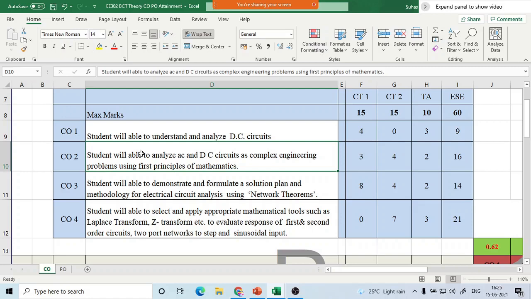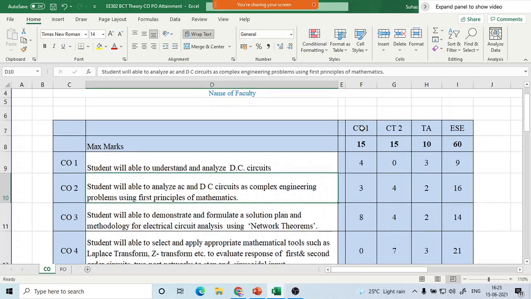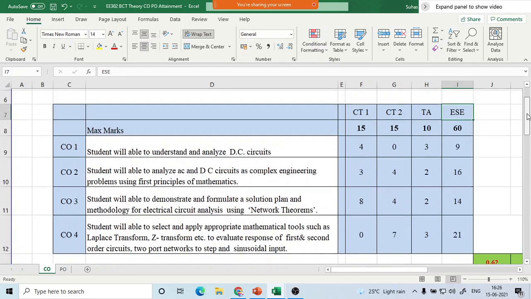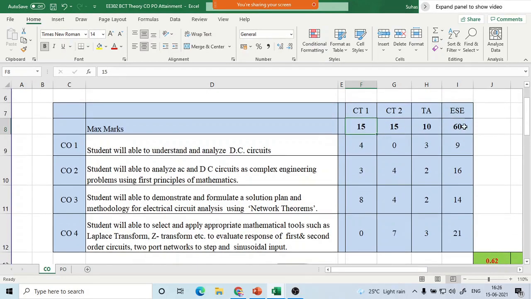That is done through the assessment, like CT1, CT2, which is a teaching assessment I can say, and then the end sem exam. Here we typically divide 100 marks into 15, 15, 10 and 60.